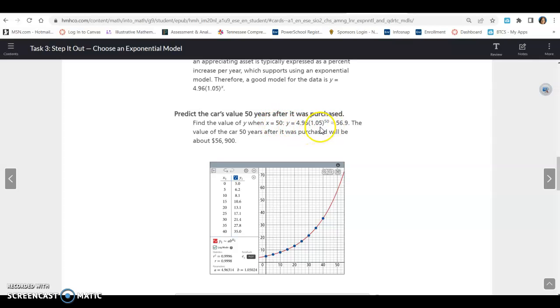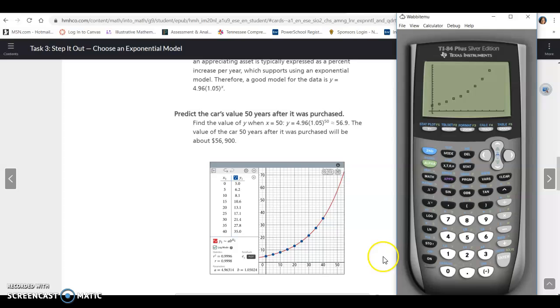Well, here's our model. We know that x was the exponent, so we have to evaluate this to the 50th power and then multiply. Order of operations is so important. If you don't do order of operations, you will not get the correct answer.